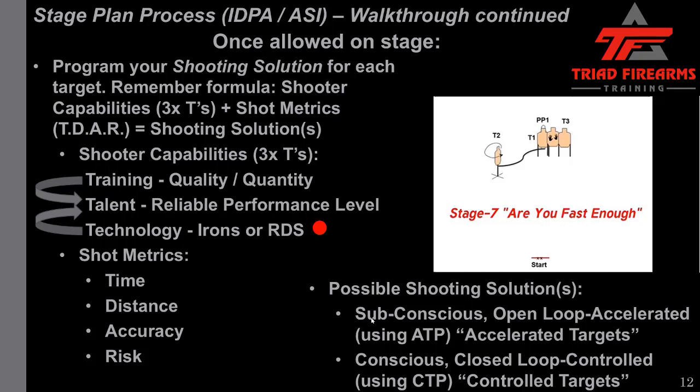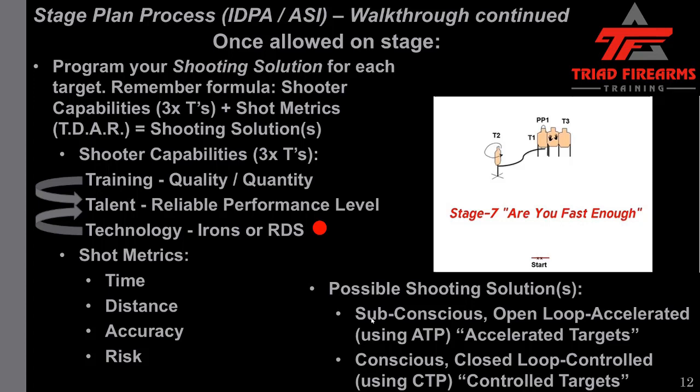Targets we engage using open loop are referred to as accelerated targets. Next is the consciously controlled execution of the shooting motor program using closed loop motor control, where accuracy is the priority. The controlled trigger press, CTP, is used. Remember, in CTP, we work from the wall of the trigger for all shots. Getting efficiently to the wall, then gradually increasing pressure from the wall to the point the gun fires, and then rapidly resetting the trigger under recoil, moving efficiently back to the wall to repeat the process if needed.